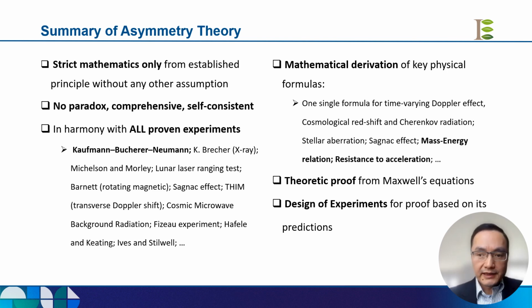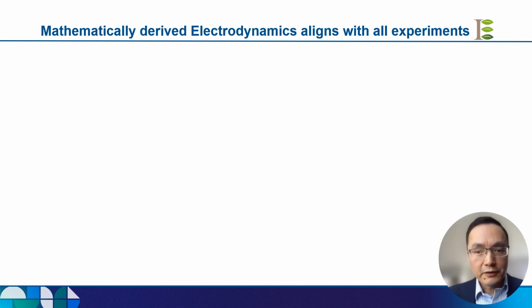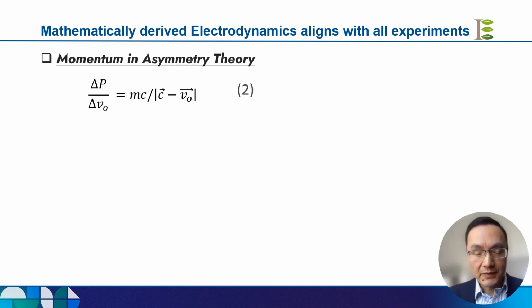Based on the prediction of asymmetry theory, we are going to present a design of experiment which should be able to tell if the theory is correct or not. Now let's focus on the electrodynamics of asymmetry theory. We mathematically derive this formula of the momentum ratio to speed change as equation 2 here.